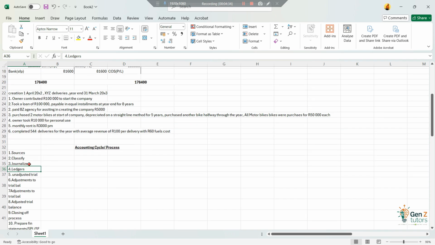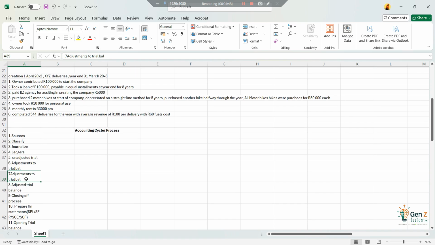So we'll just generalize and do ledgers, and then on the next videos we'll prepare the unadjusted trial balance, then adjust the trial balance, and then we'll have the adjusted trial balance. Okay, I think I repeated that over here, that's fine. The numbering will change, it's fine.